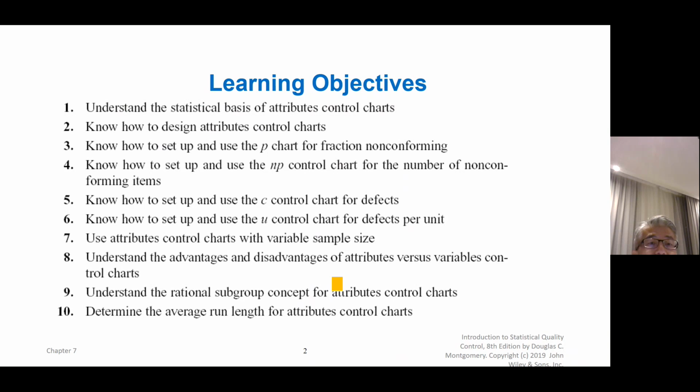Then understand the advantages and disadvantages of attributes versus variables control charts. Understand the rational subgroup concept for attributes control charts. The last one is to determine the average run length for attribute control charts. However, it is seldom discussed in the literature.